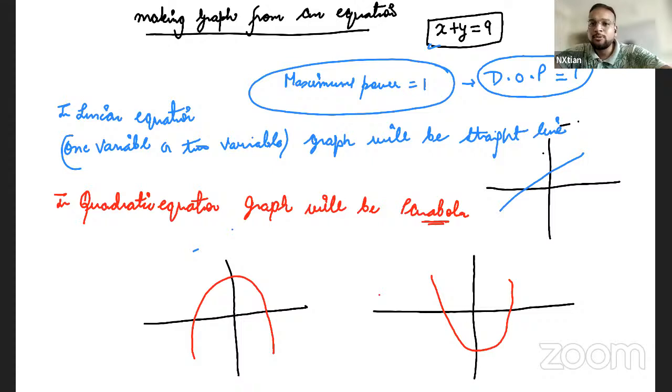That's why you're not able to open your eyes. Okay, shall I read this? Okay.